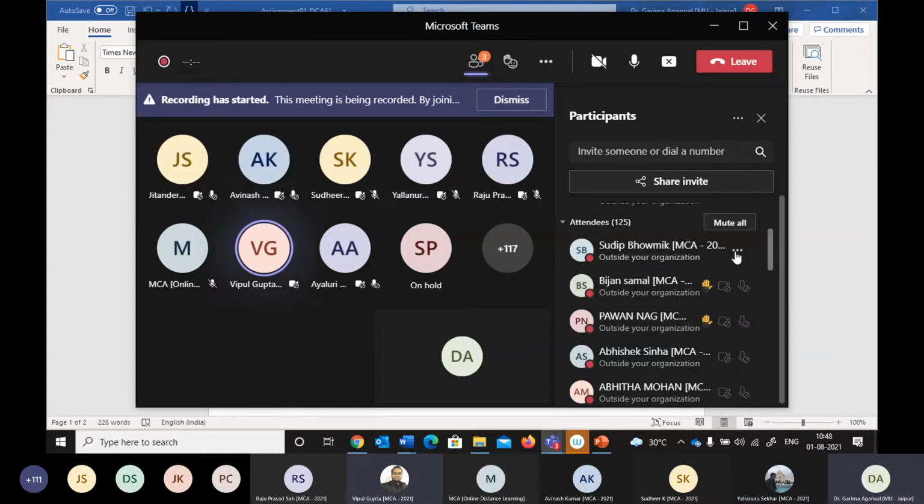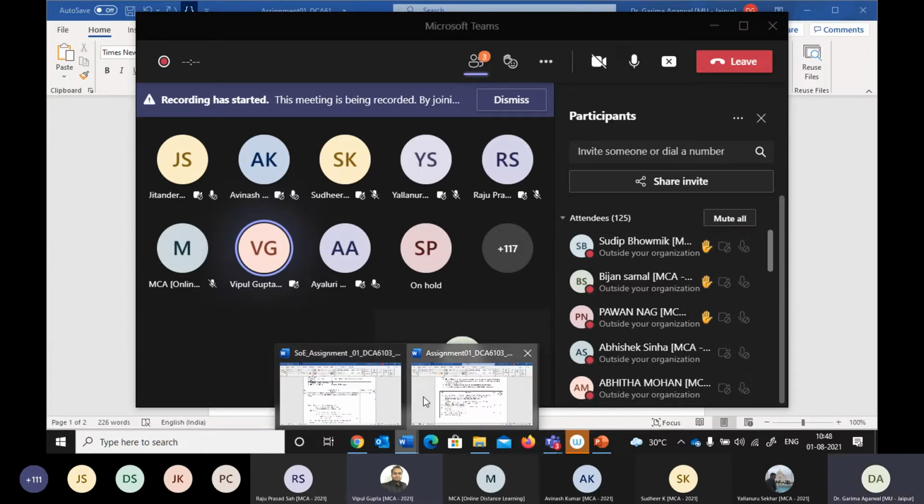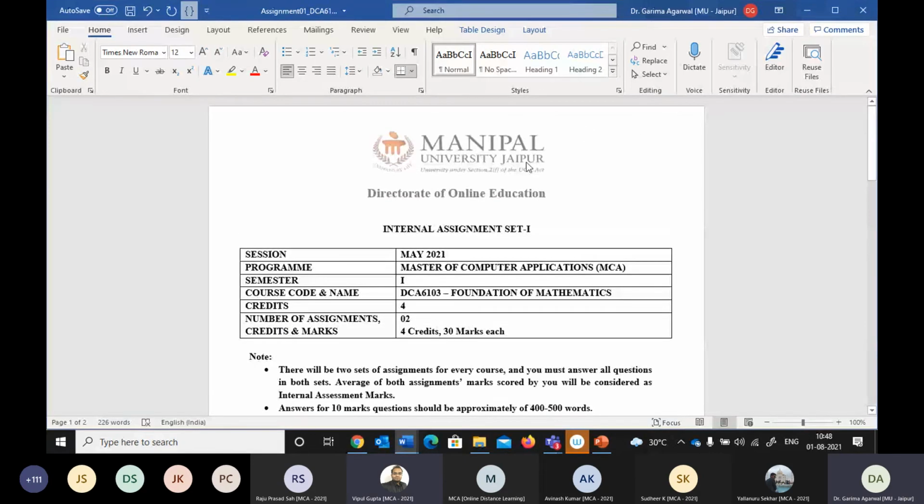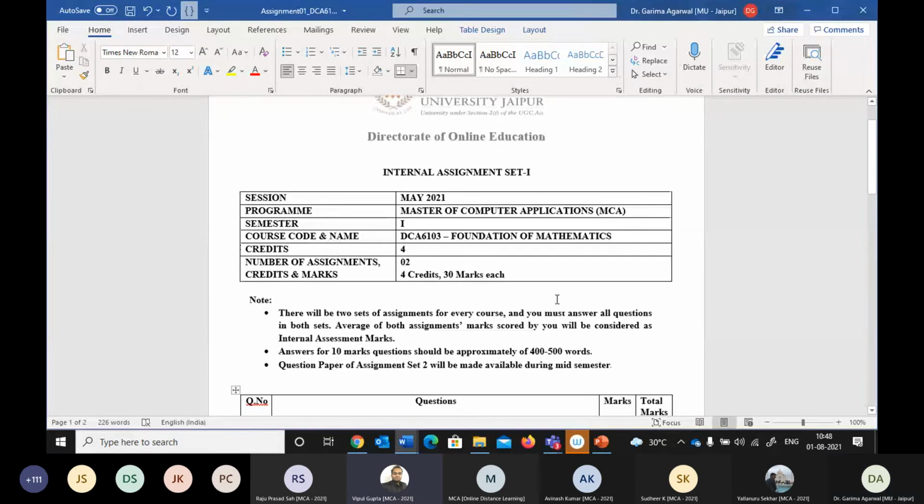Ma'am, do we need to mention our name and roll number in the assignment or not? Of course, otherwise how can I identify whose assignment it is? But it is not mentioned in any document that you need to mention your name and roll number. In the Word document, you can write your name and roll number on the right-hand side somewhere. Okay, fine, then save your file with your name only.